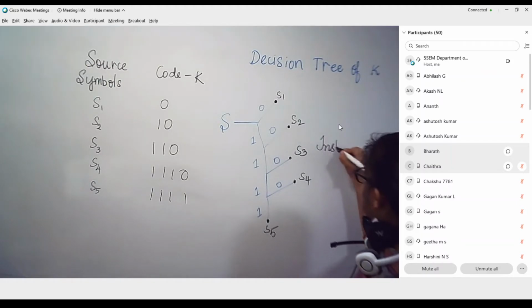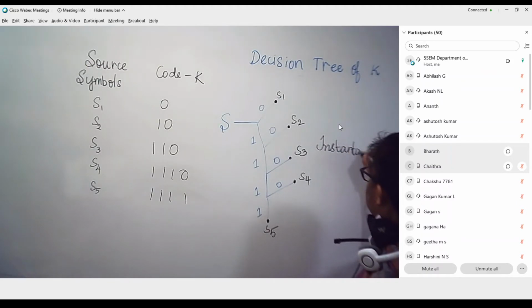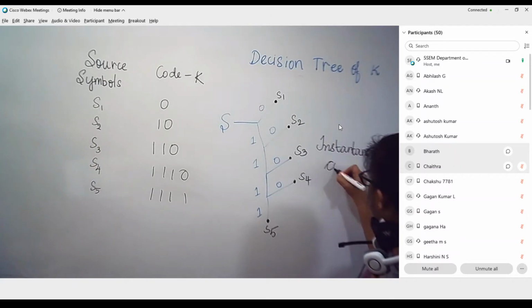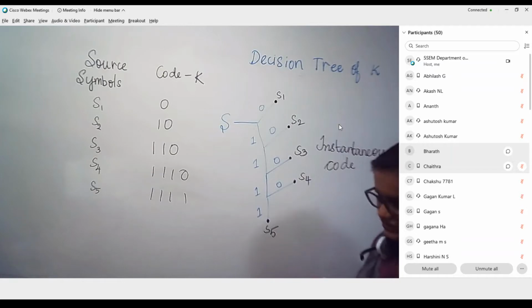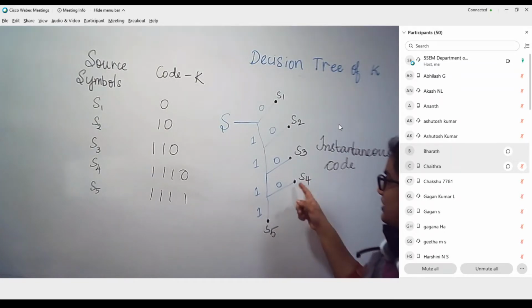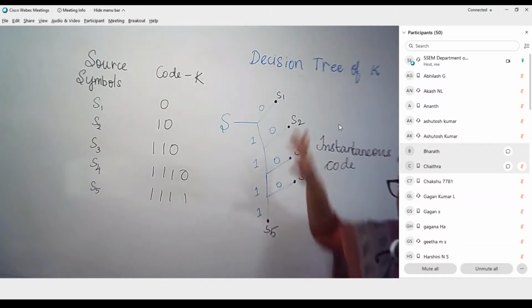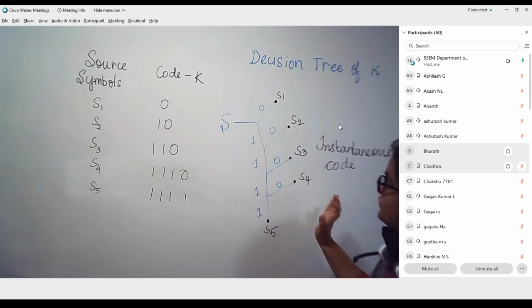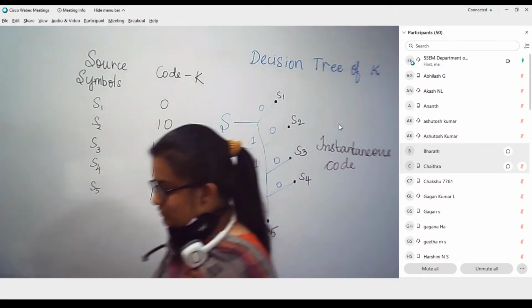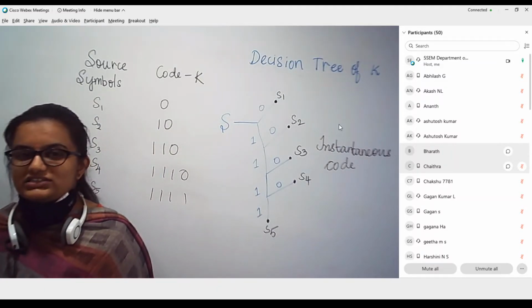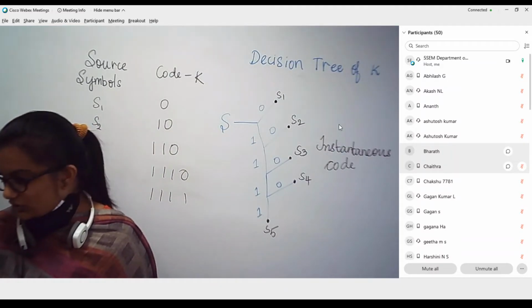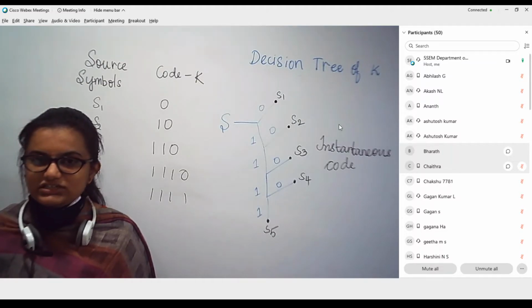So the decision tree for the instantaneous code will always have the symbols present at the end of branches, like you see here, S1, S2, S3, S4, S5. So this is how you can distinguish a non-instantaneous from an instantaneous tree.